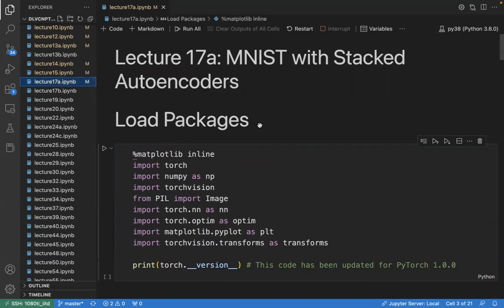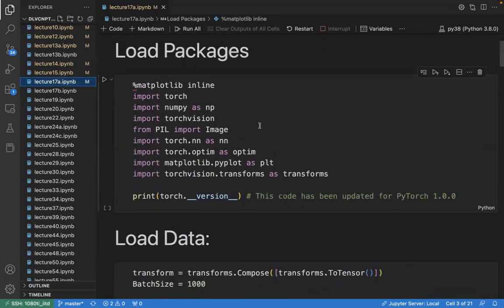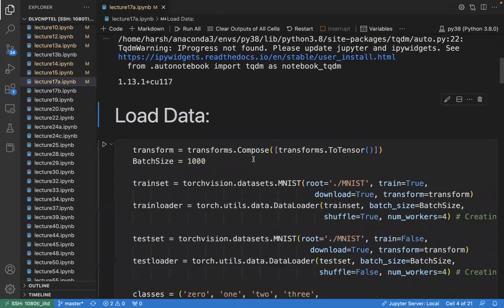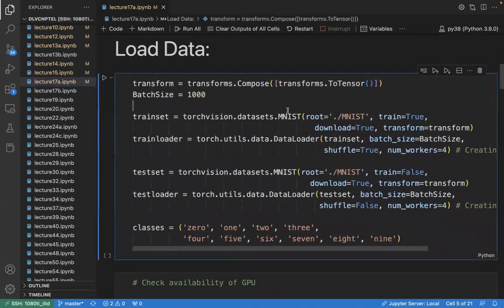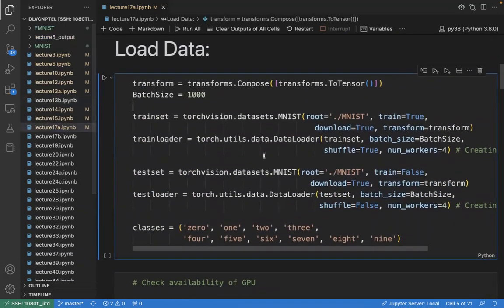We'll run this notebook, MNIST with stacked autoencoders. First we'll load the packages. Okay, so then we'll be loading the data. So here we're loading the dataset. Like last time I discussed how to load the dataset using torchvision.datasets.MNIST, and then we're converting it to a train loader.